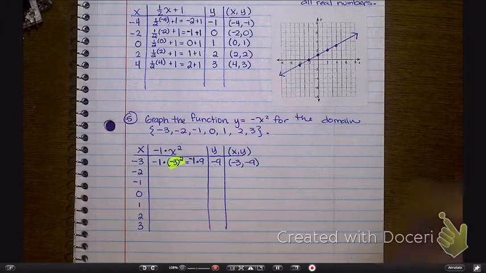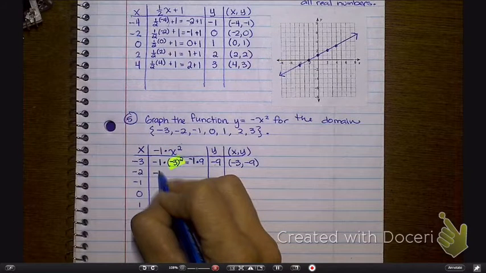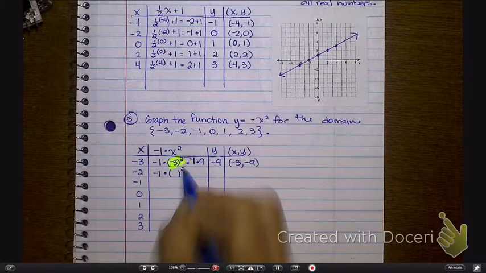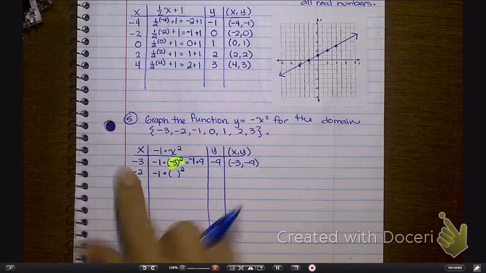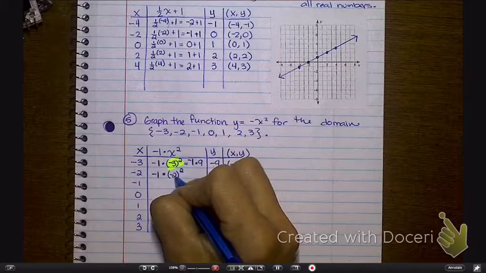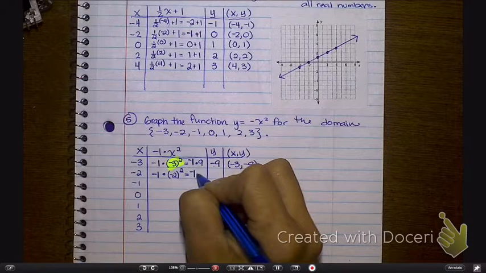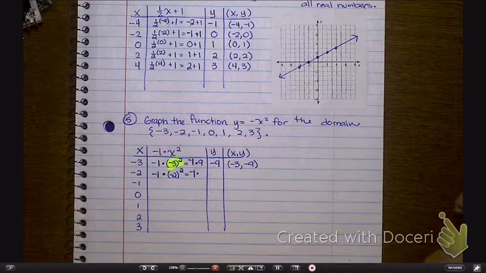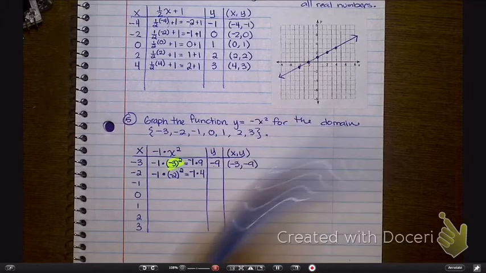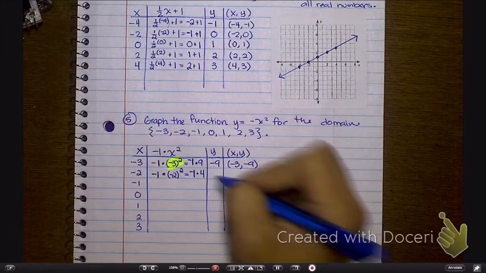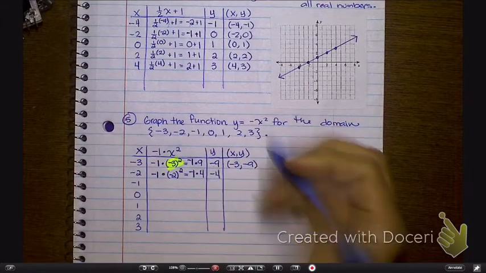Okay, let's do the second one. We're going to use -1 because that's part of the problem, times. Now, in my spot for x, what am I putting in? -2. So think about what it means to have -2 squared. That's -2 times -2. What's -2 times -2? +4. Now I still have this +4 multiplying by -1, so that makes -4 for my final y value.